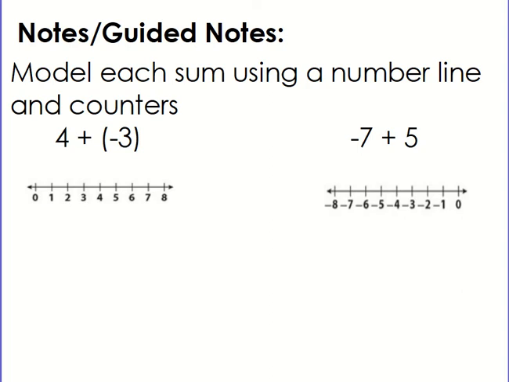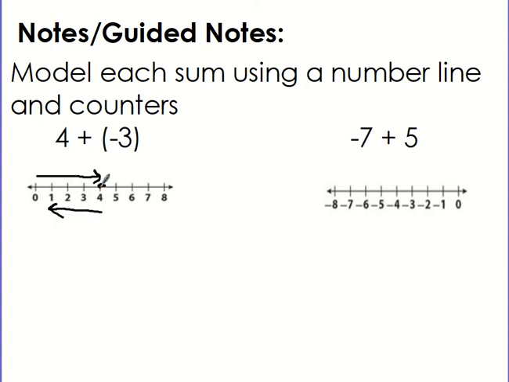So we are actually going to model on a number line and on our counters at 1. So we're going to do the number line, and then underneath we'll do the counters. This is just so we can see visually what happens when we add integers with different signs. So we're going to start from 0. We're going to go to the right to 4, put our dot, and then remember from our last lesson, -3 will always be to the left.